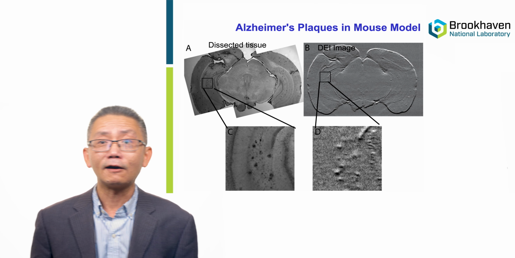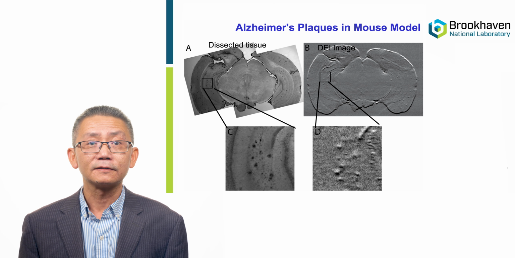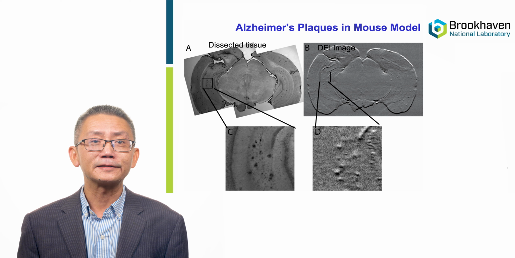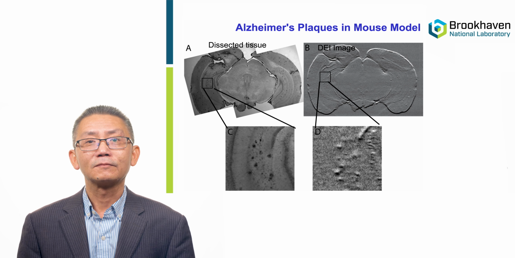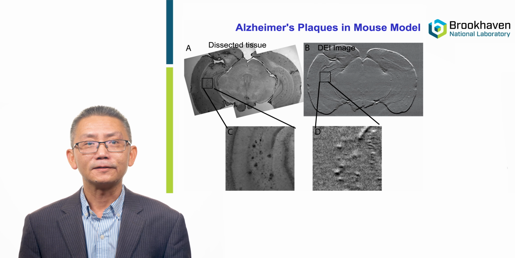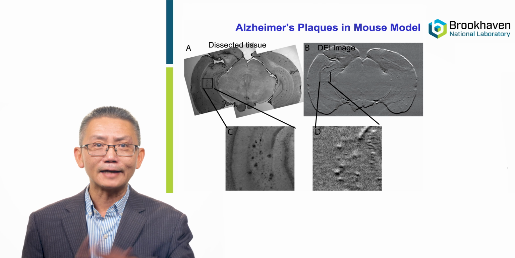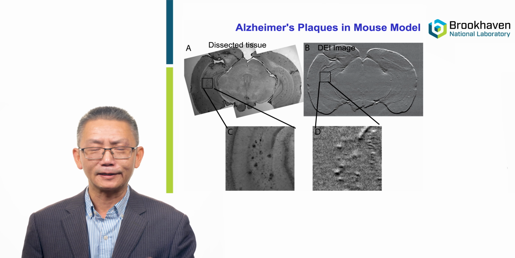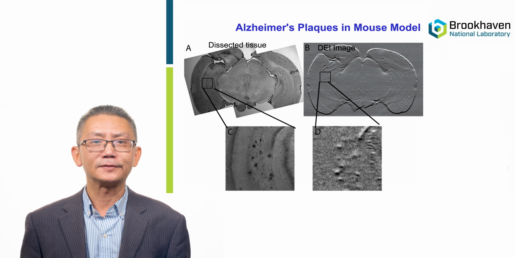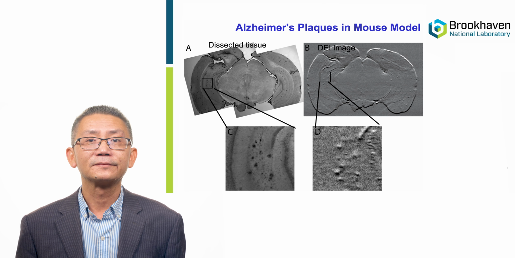So DEI can also contribute to Alzheimer's disease research. On the left side is a dissected mouse brain which has Alzheimer's plaques in it. Of course it's dissected and you take a photograph. You see clearly the plaques. On the bottom is a zoom of the square region.